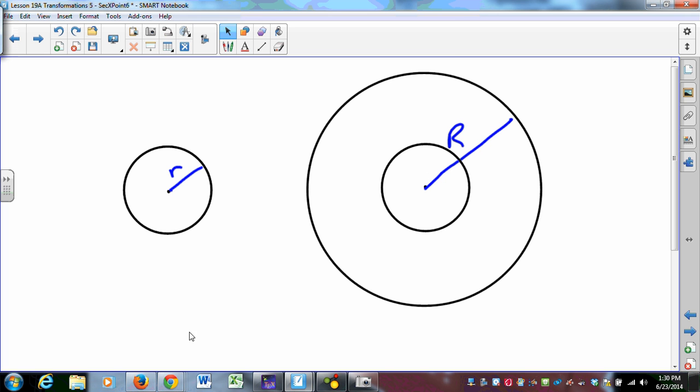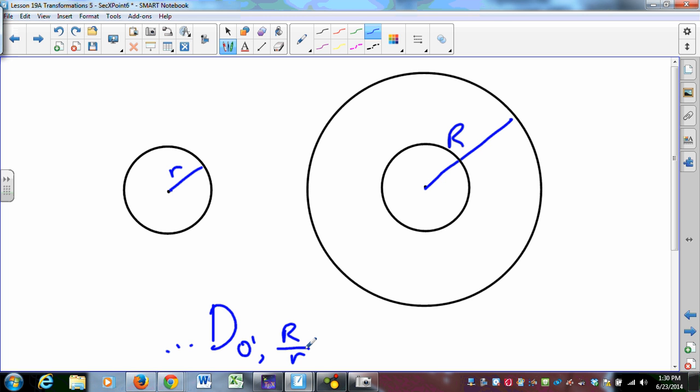We dilate centered at O prime. We dilate, center at O prime, and what's the scale factor? Well, the scale factor is big R over little r. And if we can do that, once we slide the circle into position, the dilation finishes the job.